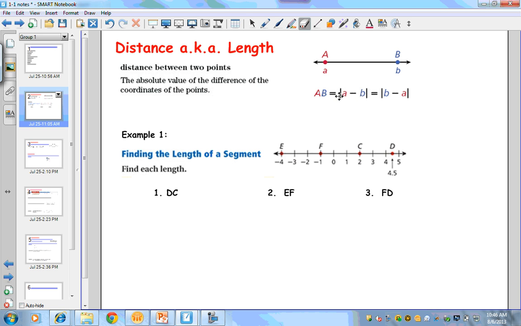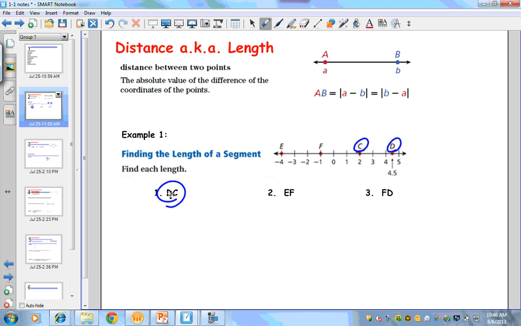Now also notice that you could write it either way. Since you're dealing with absolute value, it could either be, in this first example, A minus B or B minus A. Let's get started. For example number 1, we are to find the length of DC. Well, D is right here and C is right here.